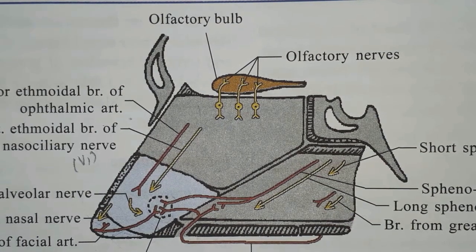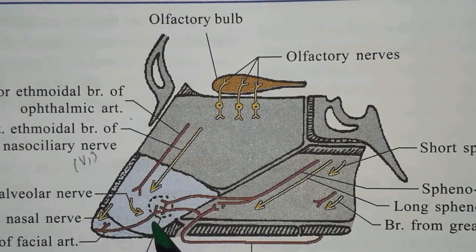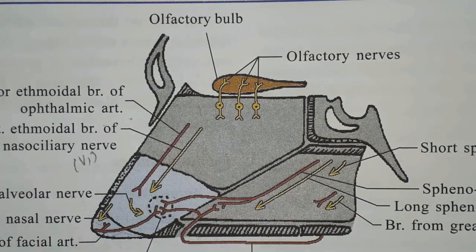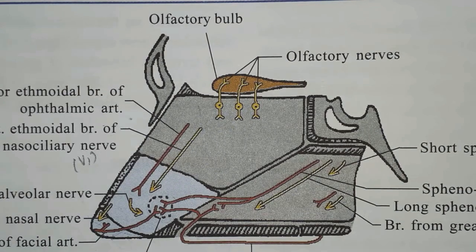And you can see over here that all these arteries anastomose in the anterior inferior part of the nasal septum. So this area is highly vascular because of the anastomosis occurring between the three arteries, and this area is also known as Little's area or Kiesselbach's area of epistaxis.